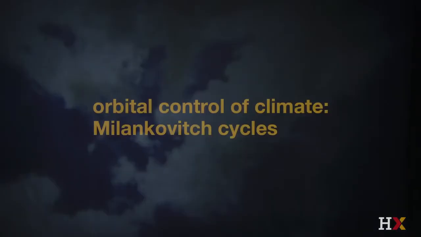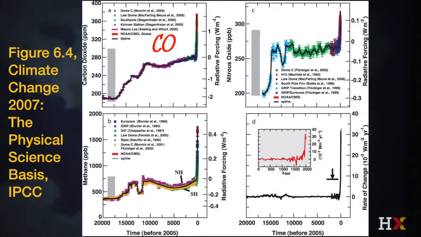So, orbital control of climate. And these coupled aspects of the Earth's orbit are fondly called Milankovitch cycles. And it's very interesting now to recognize what the CO2 concentration was leading up to the emergence from the last ice age.